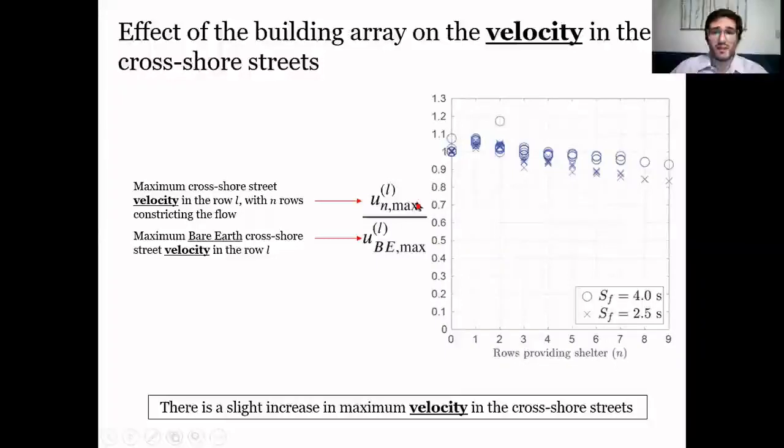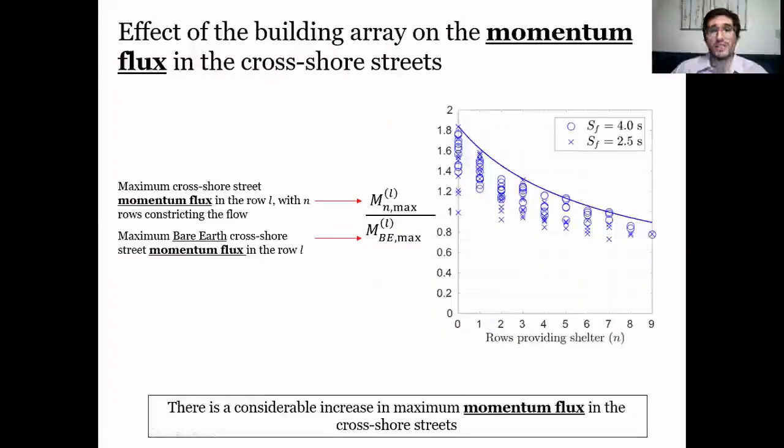If we compare the velocity to a bare earth condition, we see that there's not a considerable increase, but there's still an increase up to about 1.2. And if we check the change in the momentum flux, comparing it with the bare earth condition, we see that the momentum flux can be increased up to 1.8 times the bare earth condition.